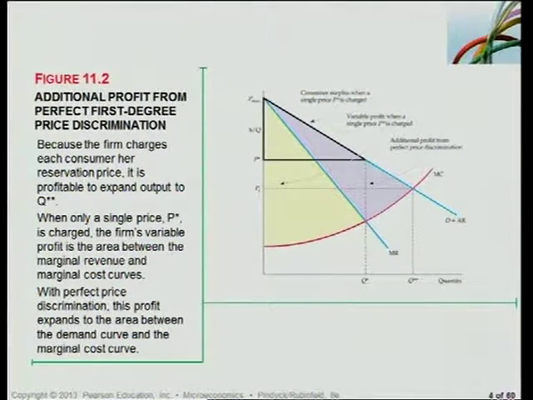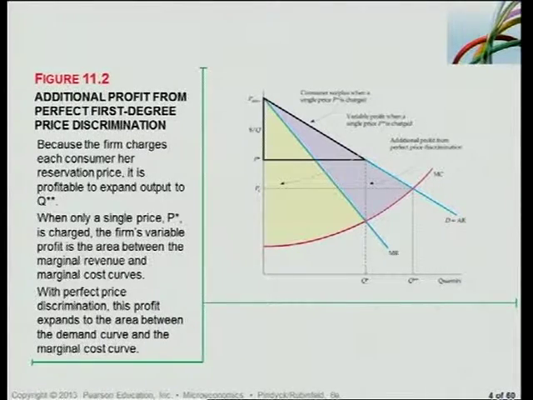Remember, some consumers' reservation price will be higher than others. What determines the reservation price we will come to when we look at imperfect price discrimination. What is important here is that under perfect first degree price discrimination, by charging the reservation price, the profit of the firm expands to the area between the demand curve and the marginal cost curve, that purple area. So the additional profit from perfect price discrimination is now the yellow shaded area plus the purple shaded area.